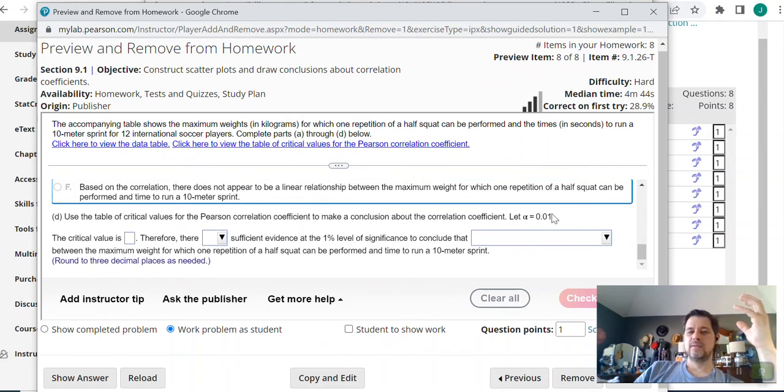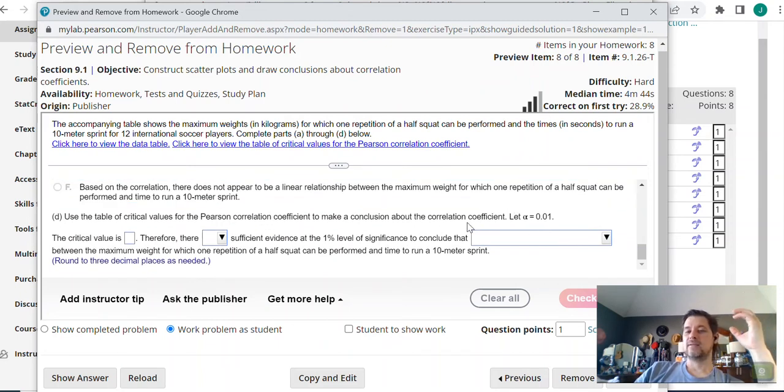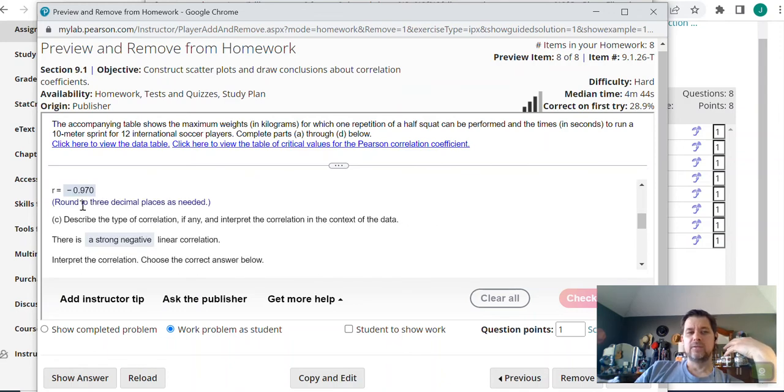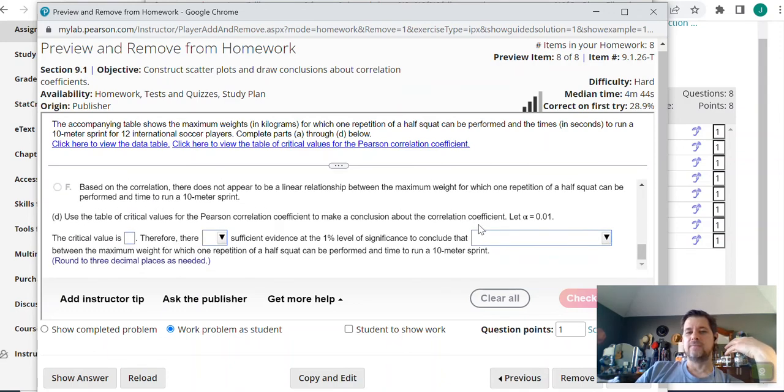So this number alpha is the same number alpha that we use for hypothesis testing, okay? If I have an alpha of 0.01, that means that as I make this conclusion with this correlation coefficient, just by mere chance, I'll be wrong 1 out of 100 times, okay?